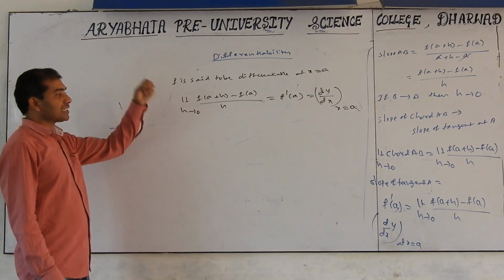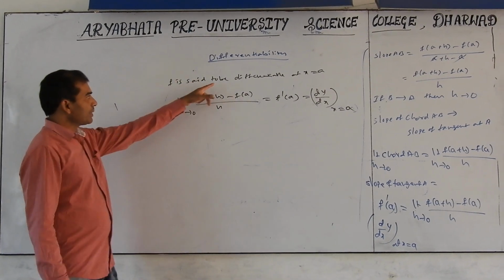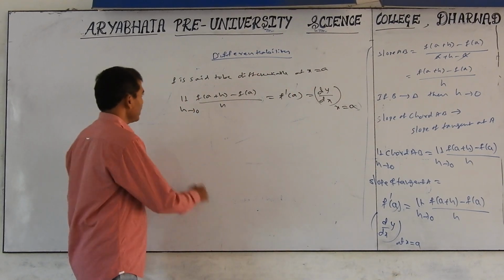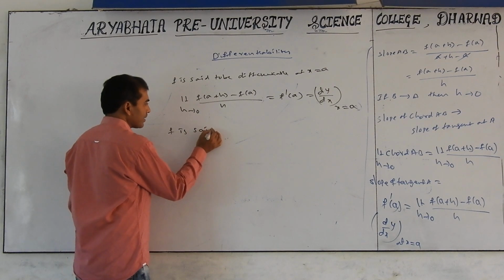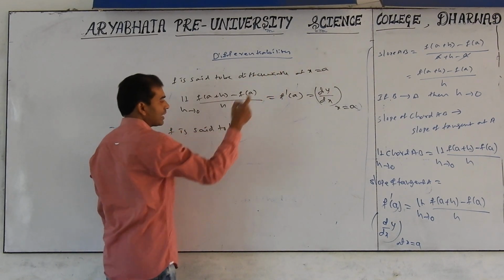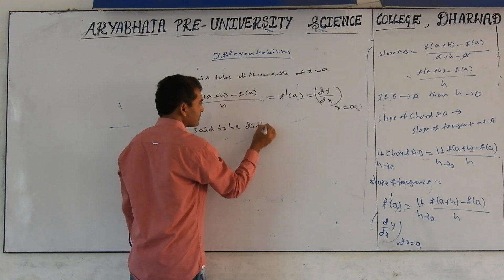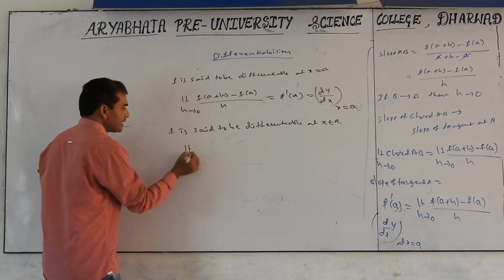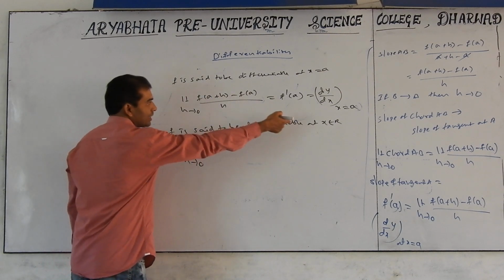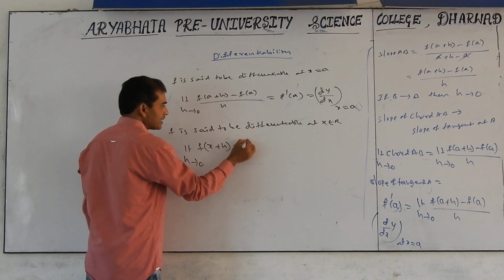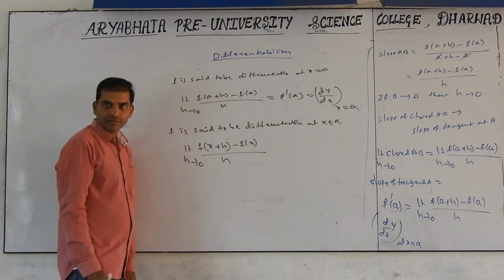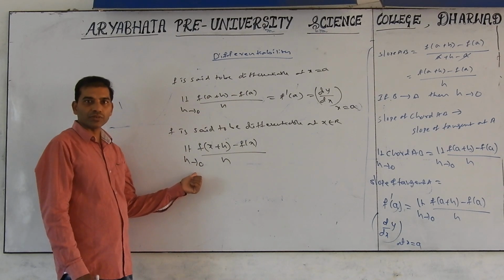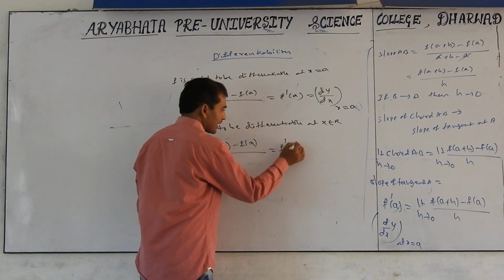f is said to be differentiable at x, meaning any real number x belonging to R. Here a is a real number. f is said to be differentiable at x belonging to R if the limit h tends to 0, with a replaced by x, of f of (x plus h) minus f of x by h, exists, which is equal to f dash x.